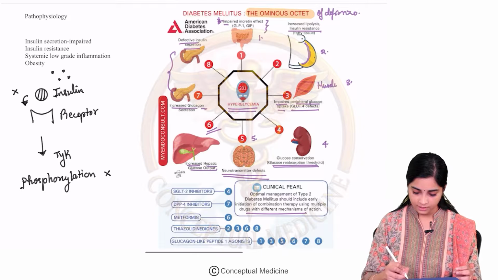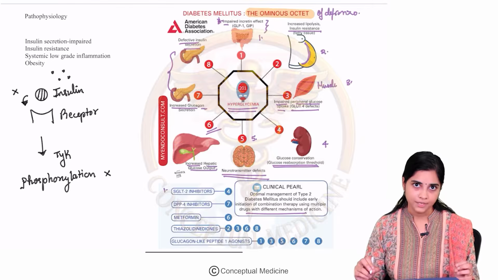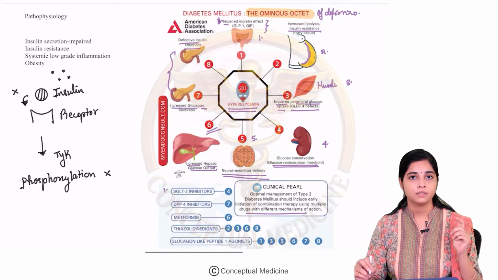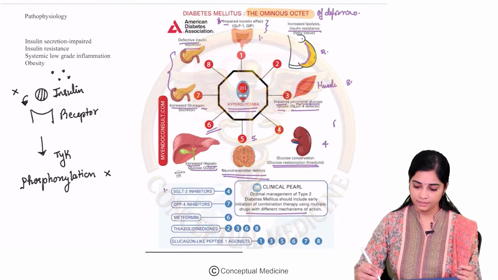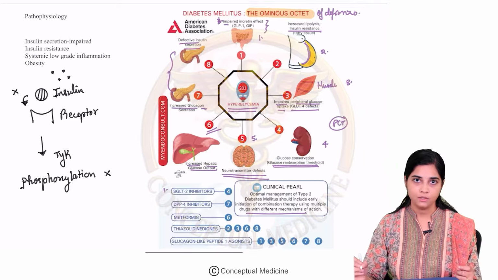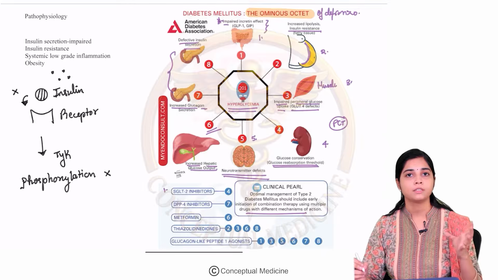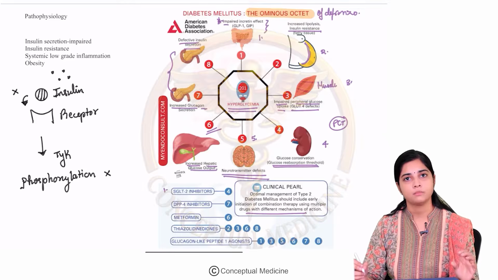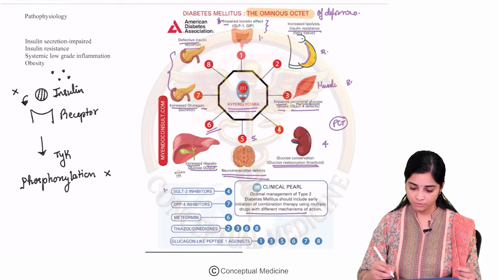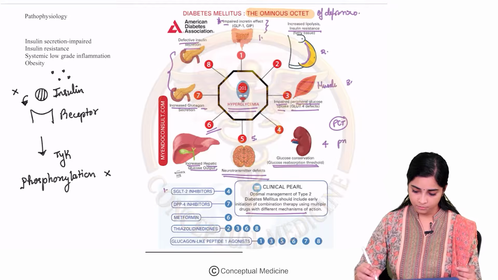For example, SGLT2 inhibitors. We have a sodium glucose transporter present in the PCT of the kidney. These SGLT2 inhibitors block this sodium glucose transporter in the proximal convoluted tubule and promote glucosuria.